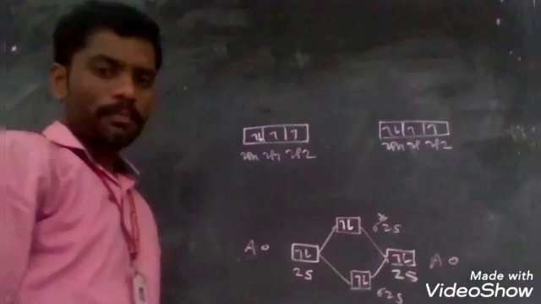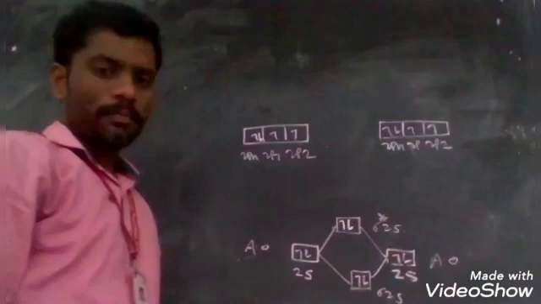It contains 2 electrons. Next they enter the sigma star 2s. It also contains 2 electrons. Then the next 2 electrons enter into the sigma 2px. It also contains 2 electrons. The next electrons enter into pi 2py and pi 2pz, which contain 4 electrons in total.